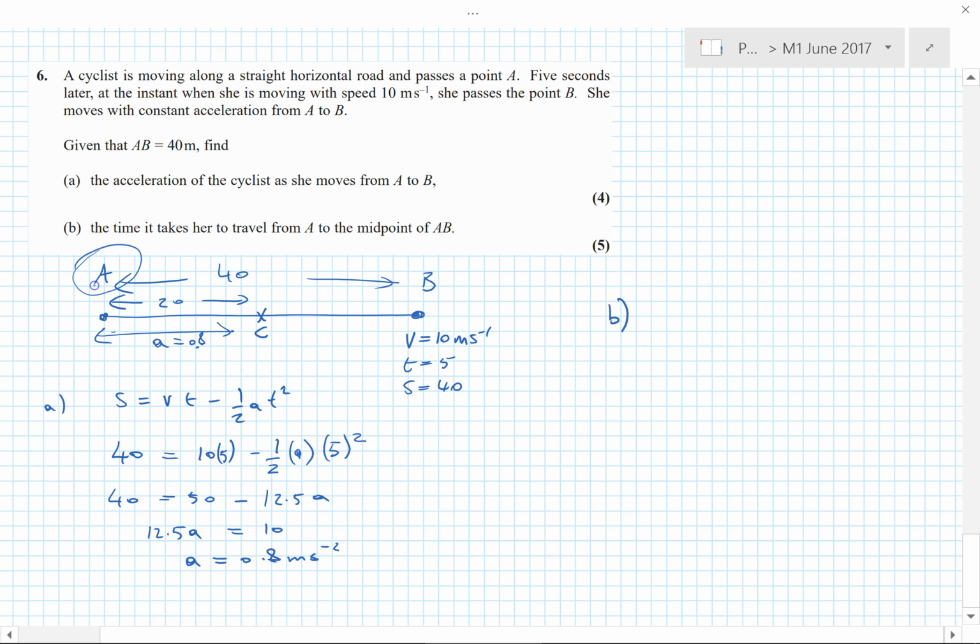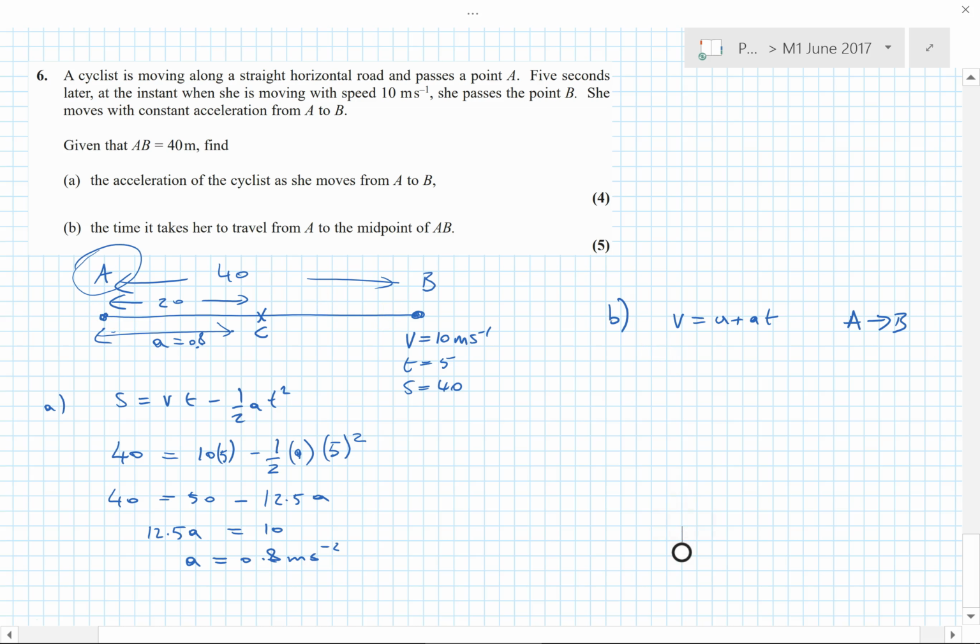Let's call that u. Okay, so if we apply v is equal to u plus at for the motion A to B, because we're splitting this into different bits. To make it clear, it's from A to B we're applying that for.